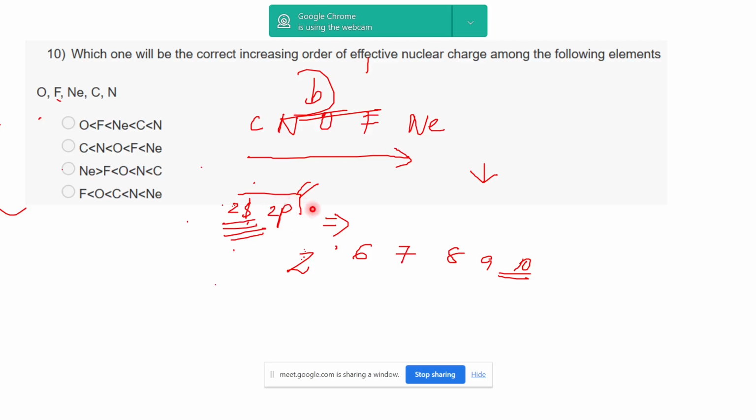But if I add a separate shell, definitely that shielding will be much more. Since we are adding to the same shell, the shielding is less. But the nuclear charge is increasing rapidly: 6, 7, 8, 9, 10. Because of that, these electrons will feel a higher effective nuclear charge. So option B is the right option. Okay, thank you so much, ma'am.